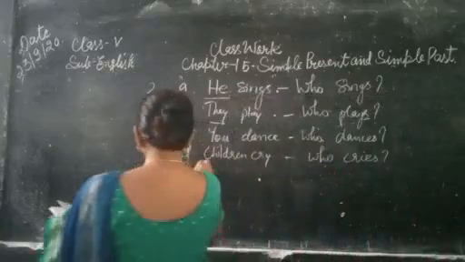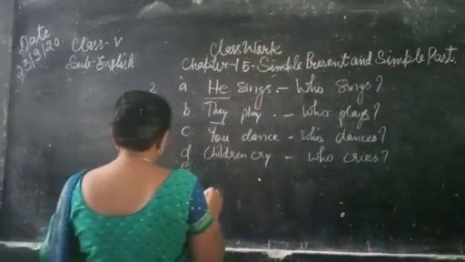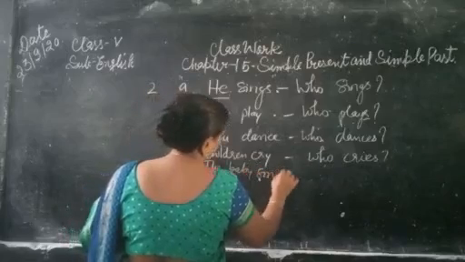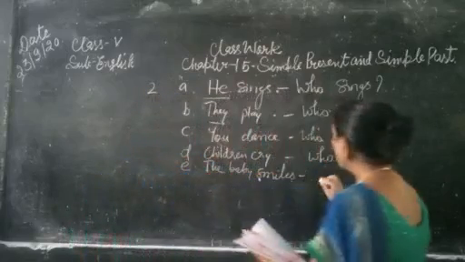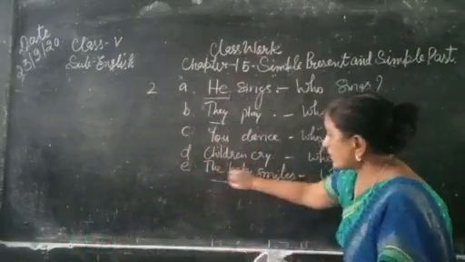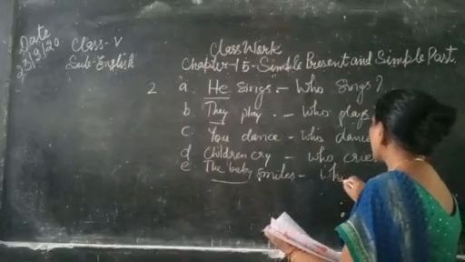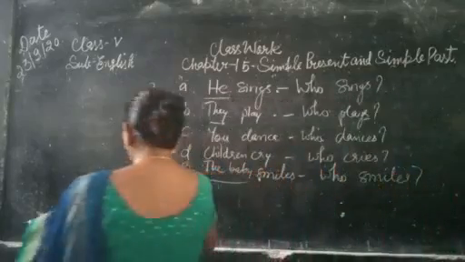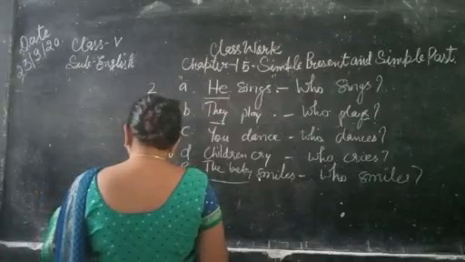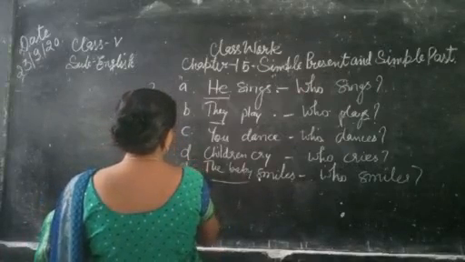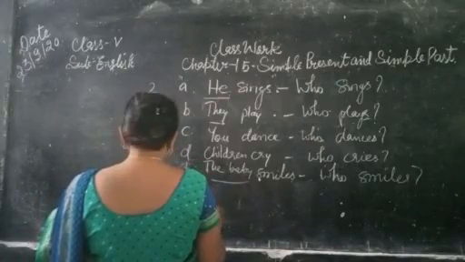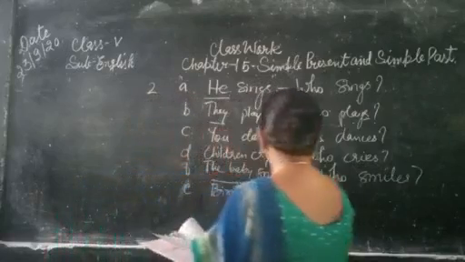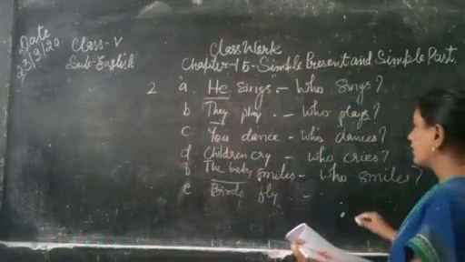Then in E exercise, the baby smiles. Who smiles? The answer is the baby. What will be the answer? Who smiles? In F, birds fly. What will be its interrogative verb?